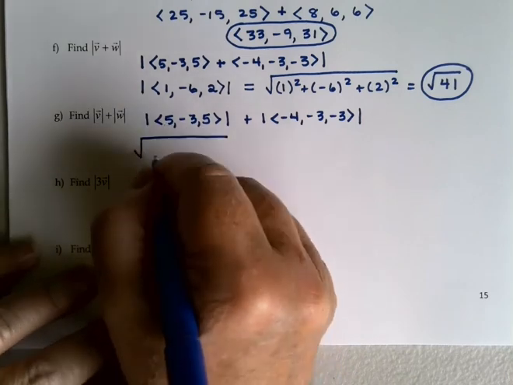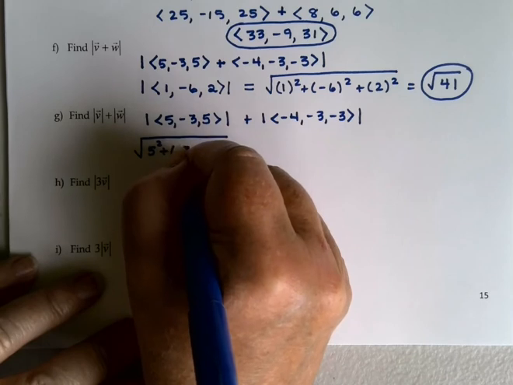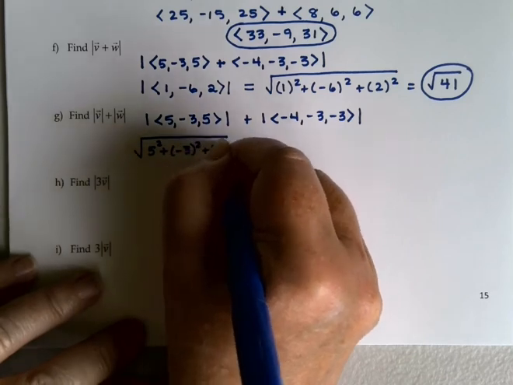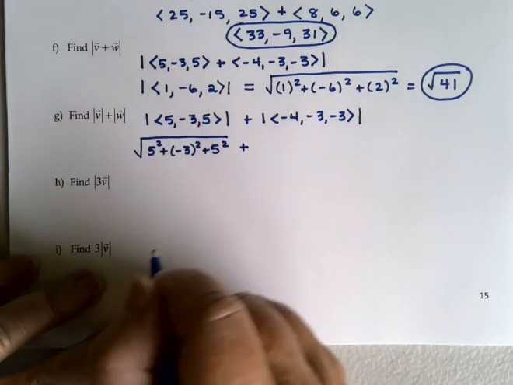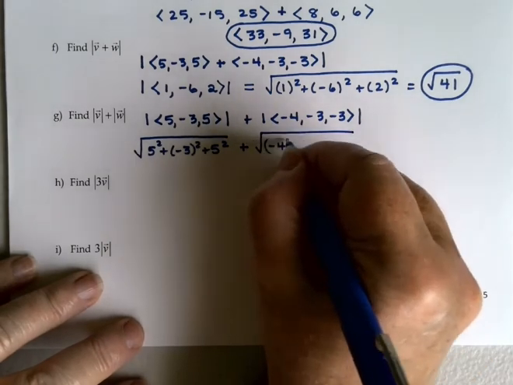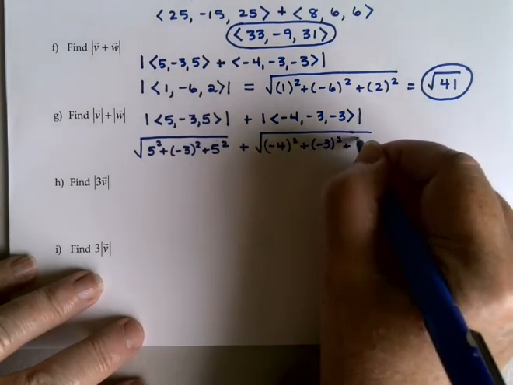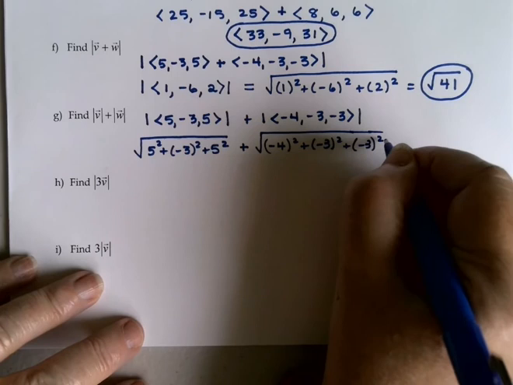So let's see, the magnitude here would be the square root of 5 squared plus negative 3 squared plus 5 squared. And over here, the square root of negative 4 squared plus negative 3 squared plus negative 3 squared.